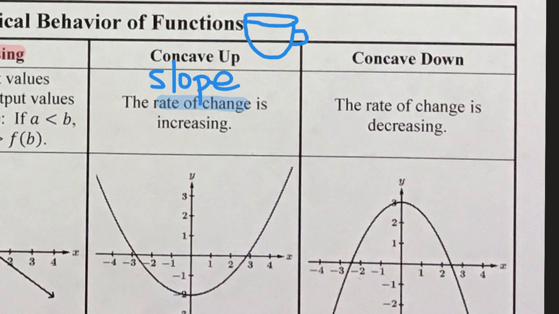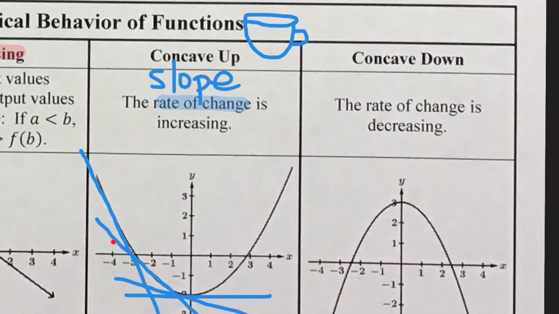So if we draw in some tangent lines, here is a line that touches, and then here is another line that touches. What is happening to the slopes of these lines? They're increasing. This one is pretty negative, a fairly steep negative slope.